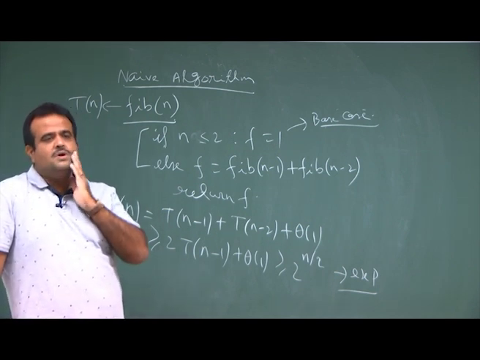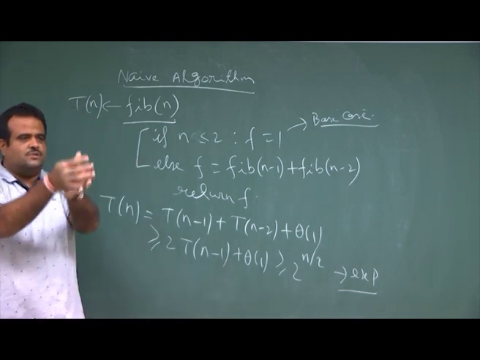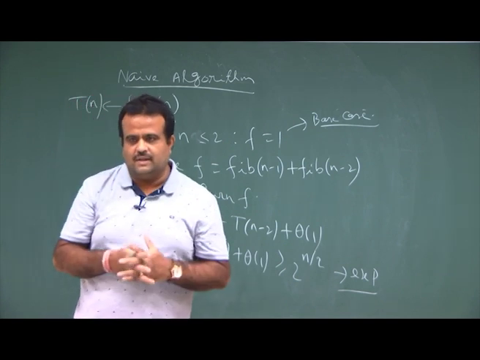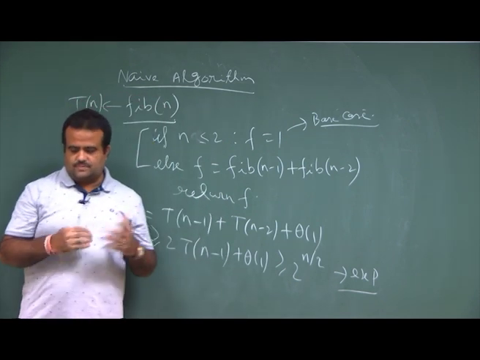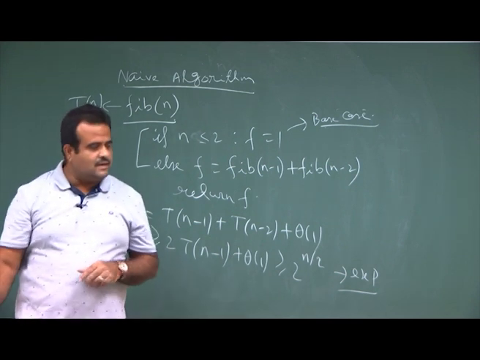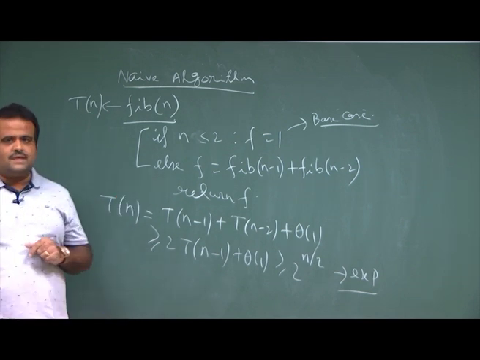Now, we want to use the technique which is called dynamic programming to reduce this exponential algorithm to a polynomial time algorithm, like a linear algorithm. So, we will use two techniques to do that.